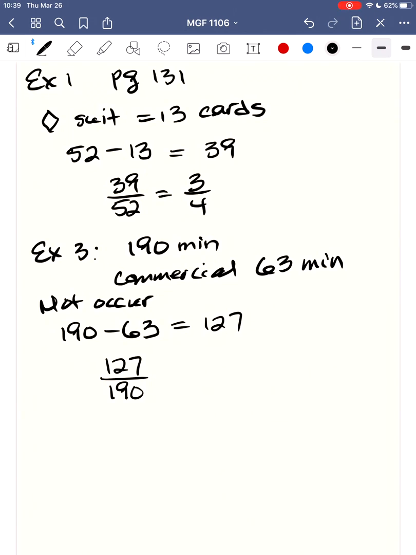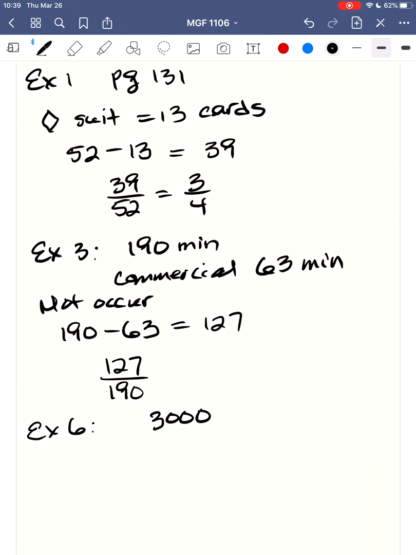Okay, and I'm going to look at example 6. This will be the last one I'll do for this type, for this video. I'm looking at a chart of ages of moviegoers, and it says a random sample of 3,000, so this is our total, American moviegoers, 12 to 74.